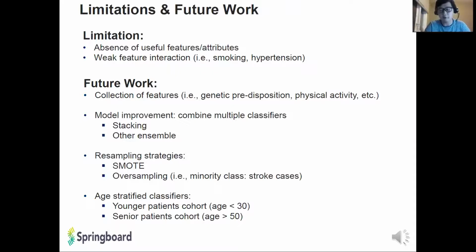Instead of having binary categorical variables, like hypertension yes or no, or heart disease history, I would rather have wanted blood pressure measurements, genetic predisposition, physical activity level, things like that. I also noticed weak feature interaction among the categorical variables, especially the ones I mentioned earlier, like smoking status and hypertension.